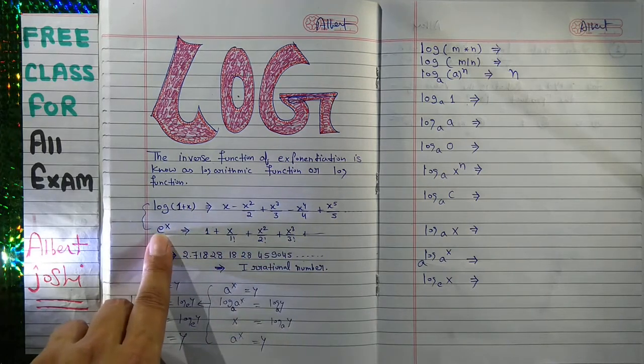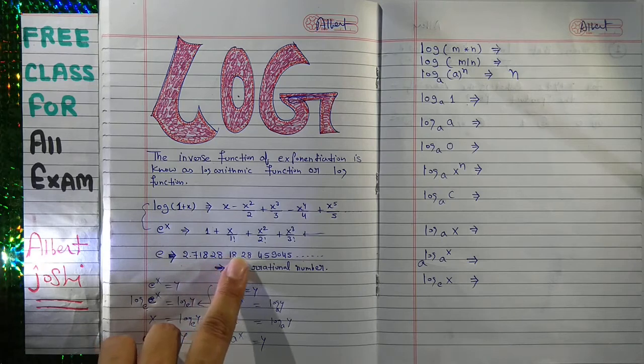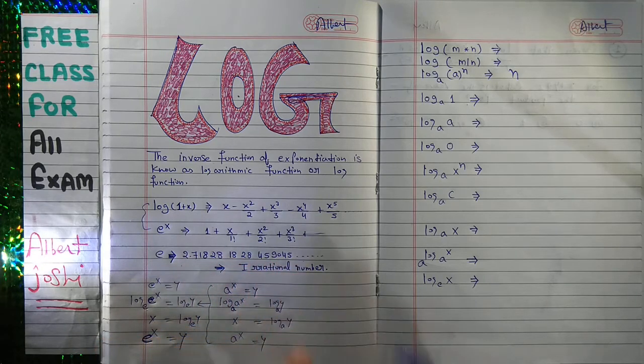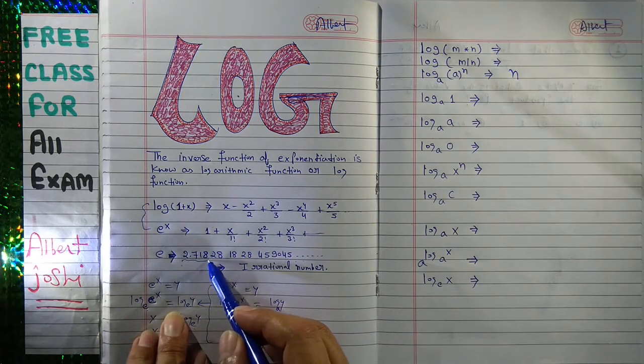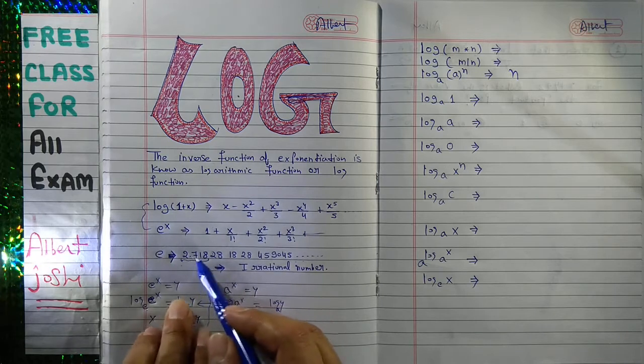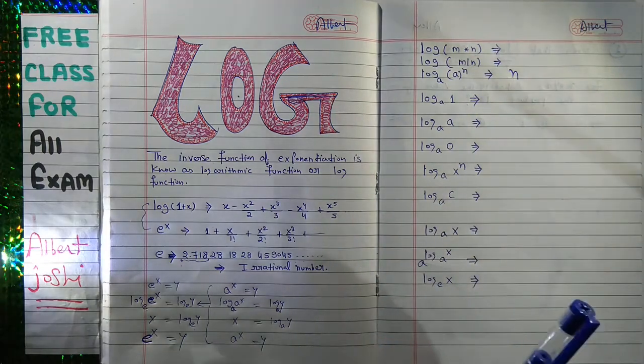This is the base of log, and its value is e is equal to 2.7182818459046, which is infinite. That is an irrational number. According to physics, you take only up to 3 numbers after the decimal, that is 2.718.